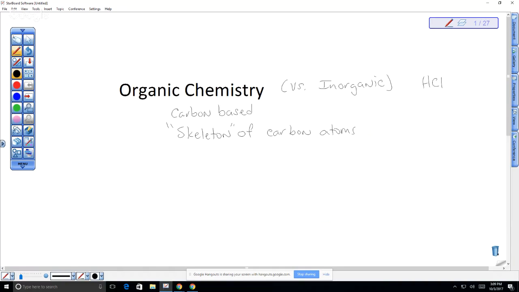And this skeleton could be a chain, or it could be a ring. So for example, I could have a ring of carbon atoms that looks something like this. Right? And this could be my organic molecule. Now these carbon atoms are not happy. So what they could be is you could have hydrogen covalently bonded here.